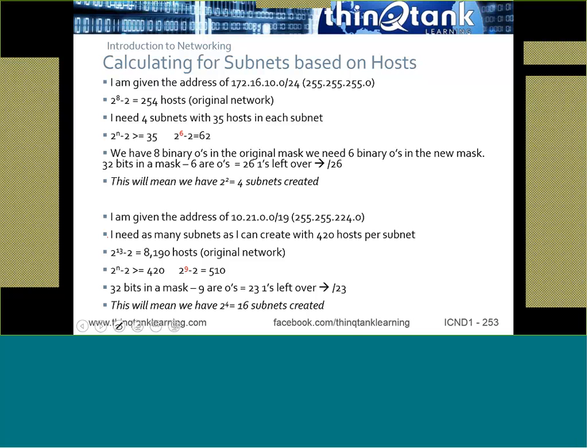Again, you just simply put it into the formula. 2 to the power of n minus 2 has to be greater than or equal to 420. That means 9. 9 means the number of zeros. 32 bits in the mask, 9 of them are zeros, which leaves us with /23. All right?